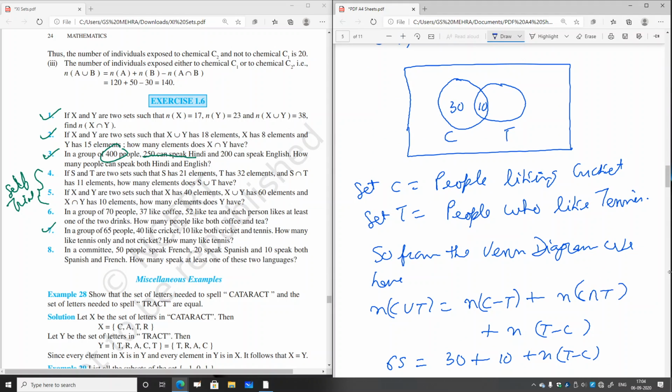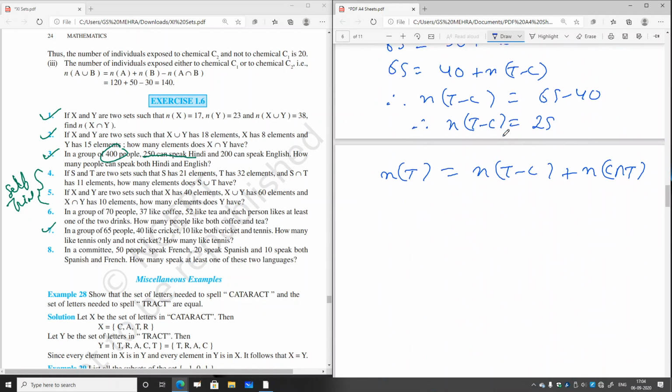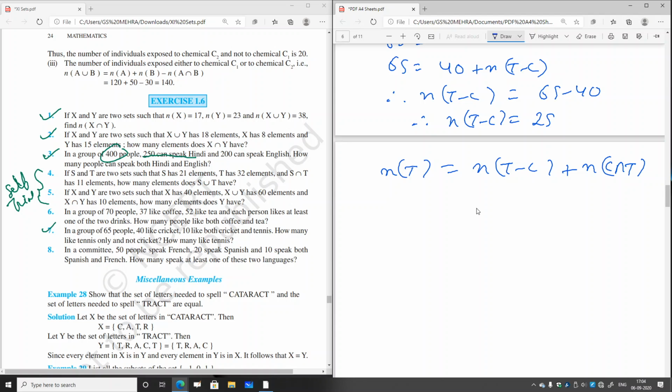If to this T minus C we add this set which is common, then we'll get the whole set T, that means the people who like tennis. So the answer will be, what is n of T minus C? We have already calculated that here, it is 25. And what is the number of people who like both cricket and tennis? They are 10. Also in the Venn diagram we have seen it.